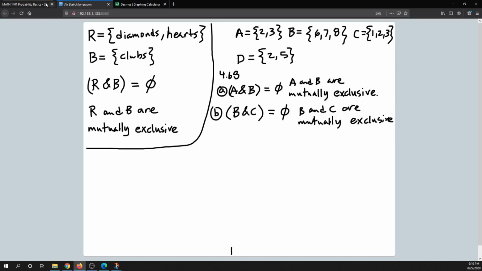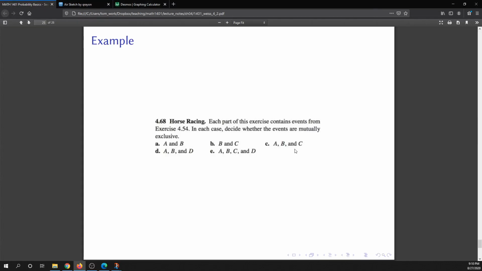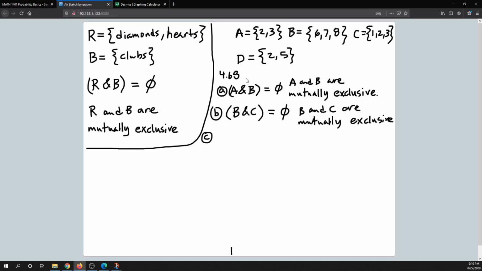Next up is A, B, and C. We want to know if A, B, and C are mutually exclusive. What we would have to do is look at A and B, A and C, and B and C, and calculate all of those out.